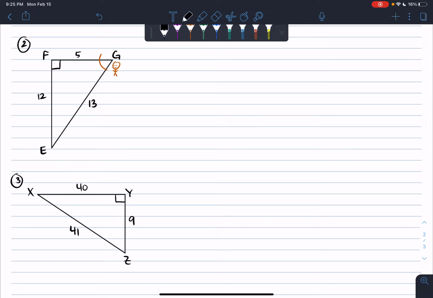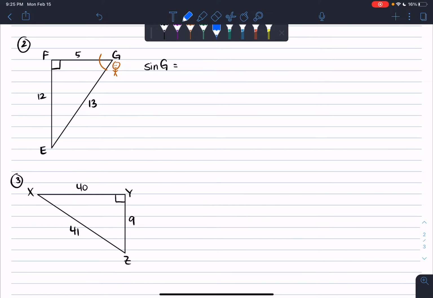So with sine of G, we know it's going to be opposite O over hypotenuse H. So which one is opposite, which one is hypotenuse? In relation to where we are standing, the side opposite is this piece over here, 12.